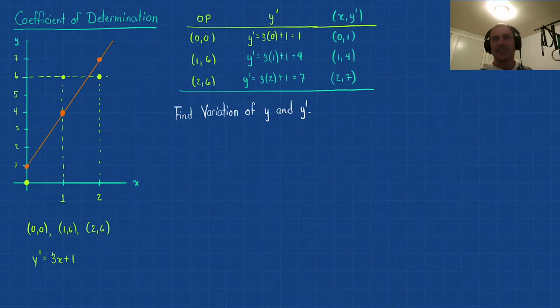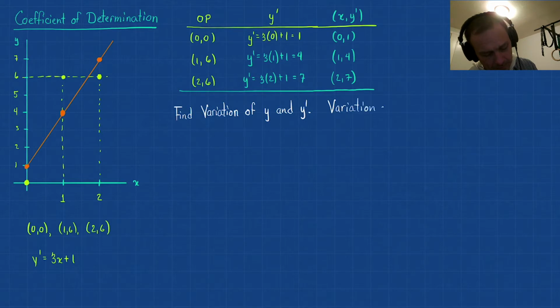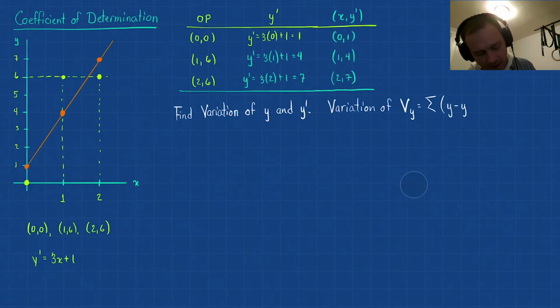Variation is the exact same thing as variance without the denominator. So I'll write that. The variation of y is going to be capital V sub y, and that's going to be the sum of the data values y minus their average, and then we square it.